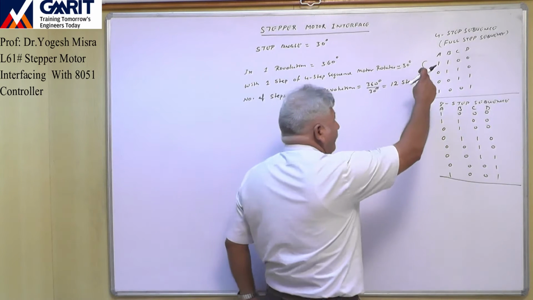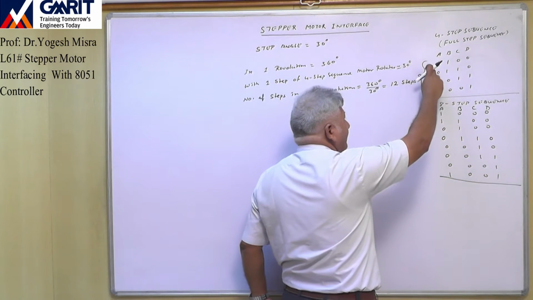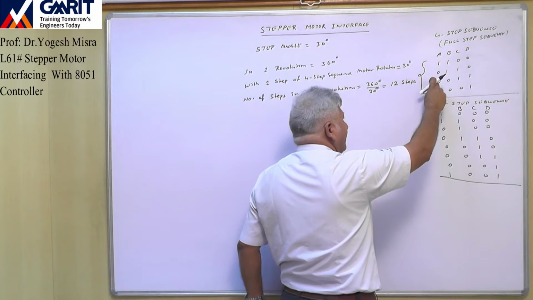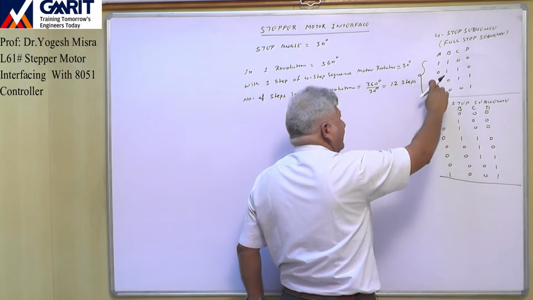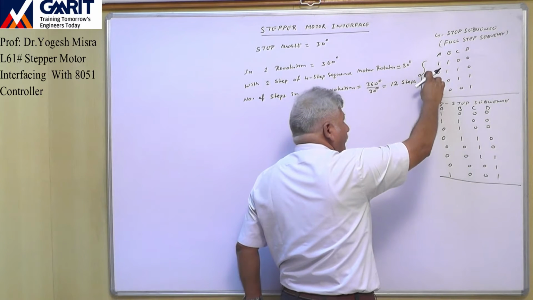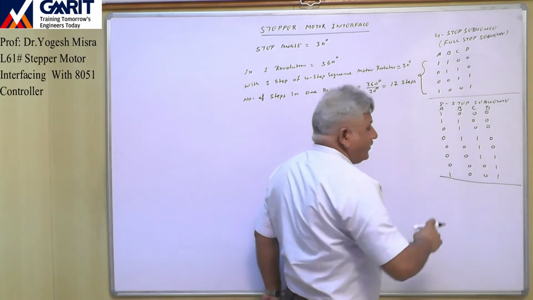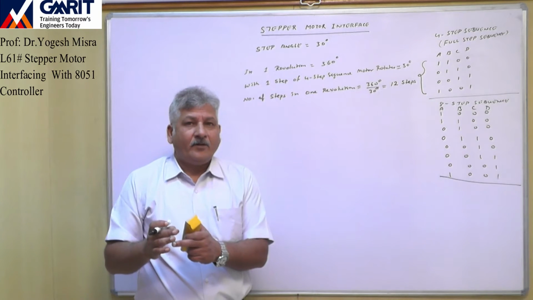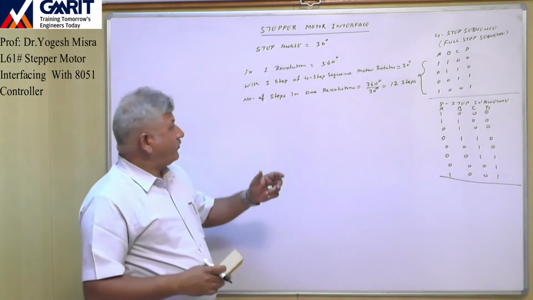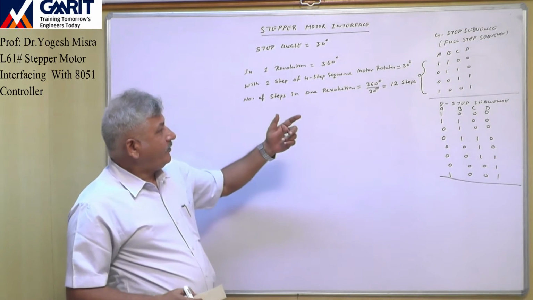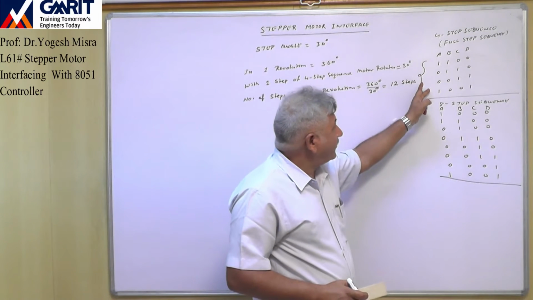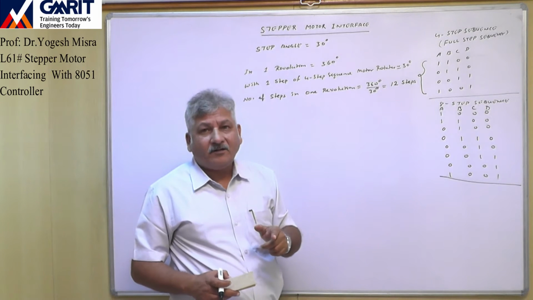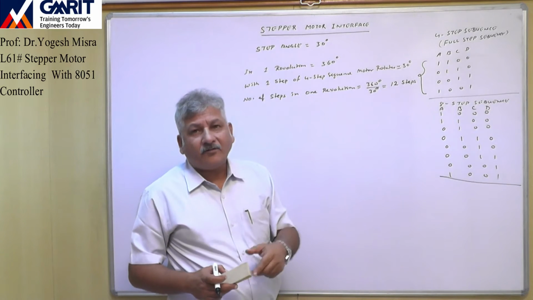Because with the first step it will rotate 30 degree, then with the second step the next 30 degree, then the next 30 degree, then the next 30 degree. Then with these 4 steps, the motor will rotate a total of 120 degree. So to complete one full revolution, this 4-step sequence has to be repeated 3 times. Then one full revolution will be completed.